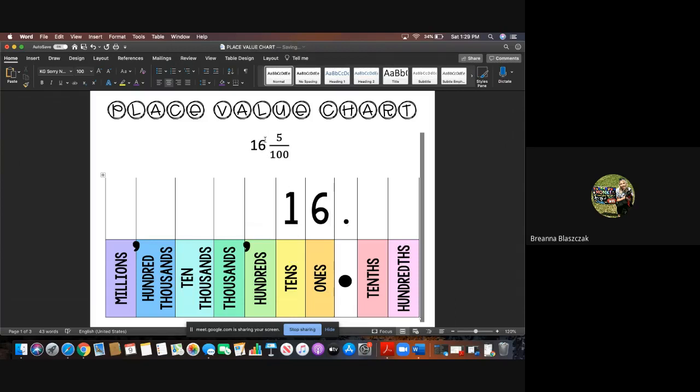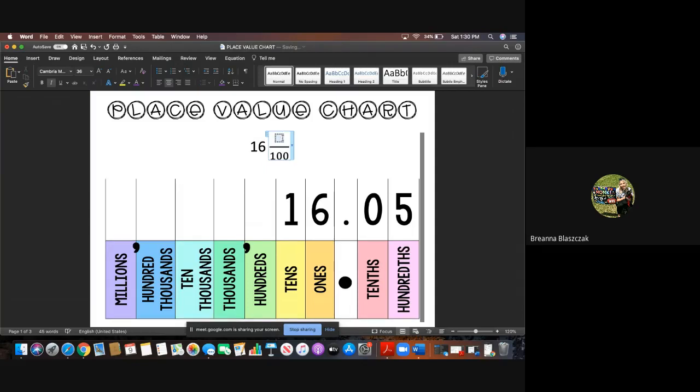Our decimal represents the "and," 5/100ths. So I'm going to skip past the tenths because it's 5/100ths, and we're adding that 0 to hold that place. So 16.05, which we'd say as 16 and 5/100ths, is equivalent to this fraction 16 and 5/100ths.